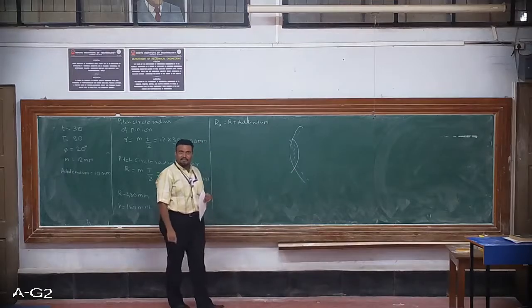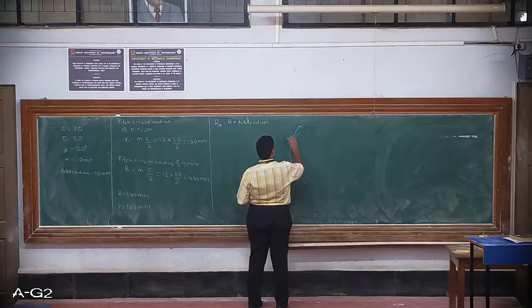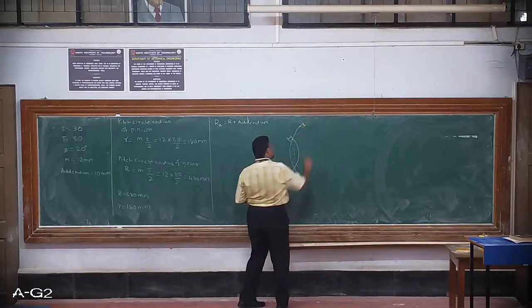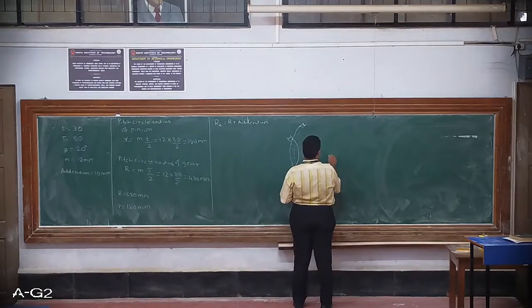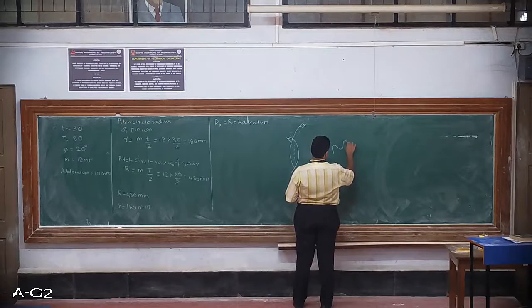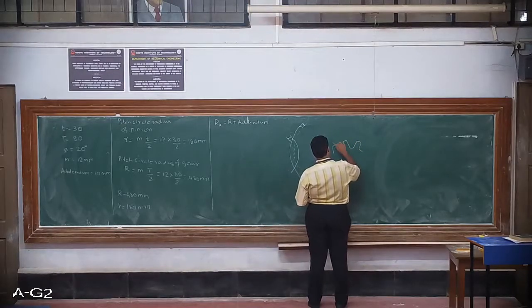Is that clear? The addendum is only this distance, that is the top flank of the tooth. Now suppose we have two gears this way, so here the meshing is taking place.